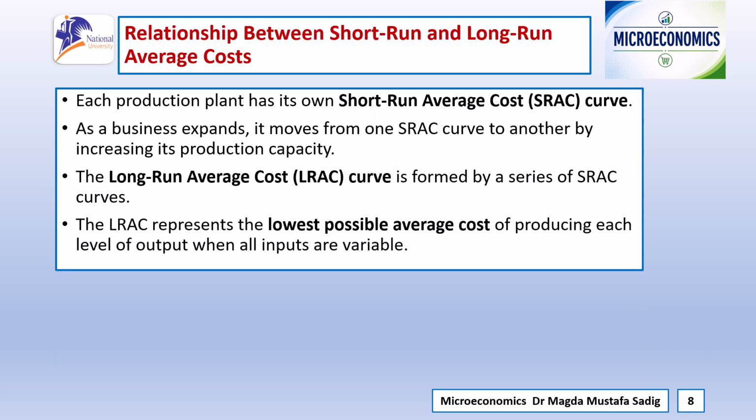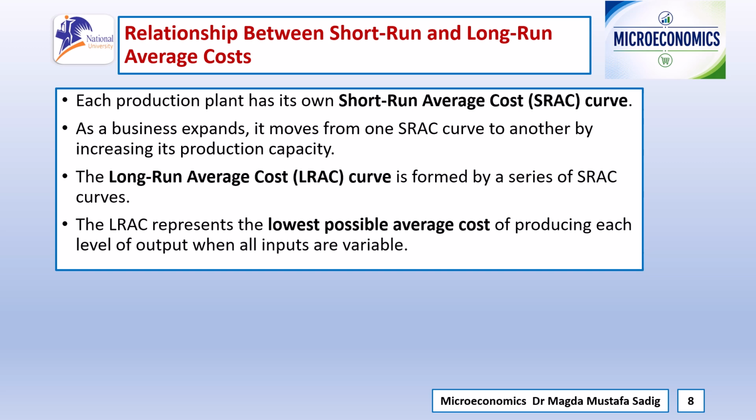The relationship between short-run and long-run average cost. Now let us understand one of the most important graphs in microeconomics. Every factory has its own short-run average cost curve, or simply we write it as SRAC. When firms expand, they move from one factory size to another.